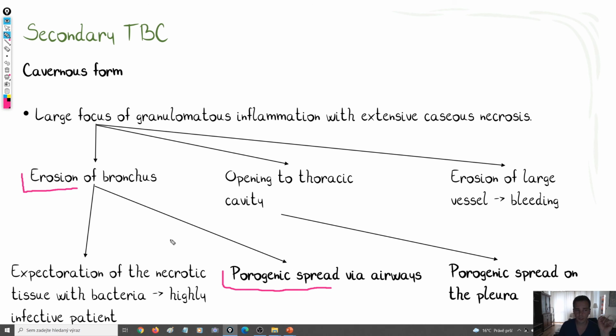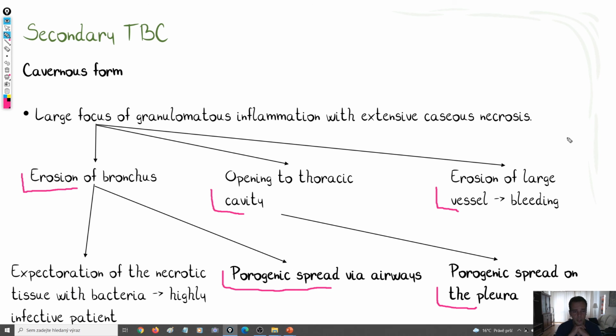So that was the first thing, erosion of the bronchus. Second thing, this focus can open into the thoracic cavity, and the necrotic tissue clears out into the thoracic cavity, and again it's a way of the spread on the pleura. And the third complication is erosion of a large vessel, which leads to bleeding.